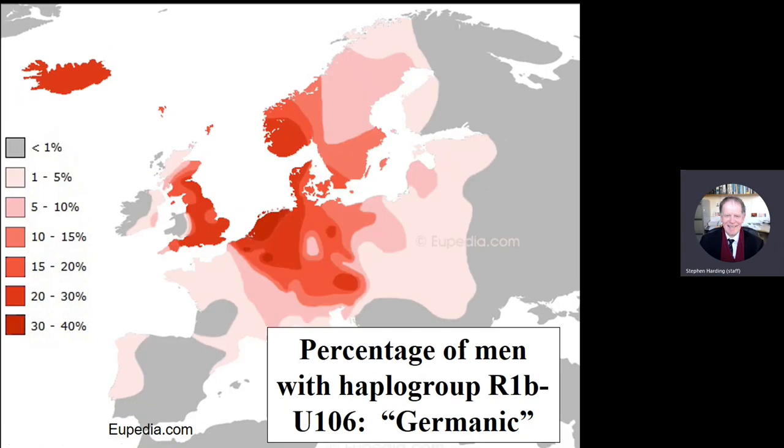This is what we call the so-called Germanic or Doggerbank haplogroup. Doggerbank for obvious reasons. This is the Doggerbank here. So you can see the largest proportion of people with this group are in this region here, and as you go away, it gets less and less frequent.